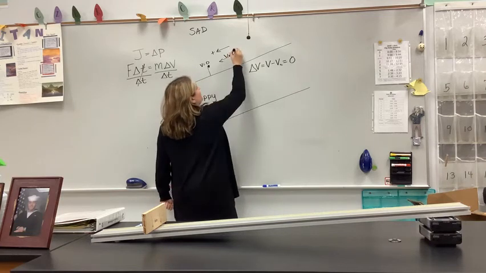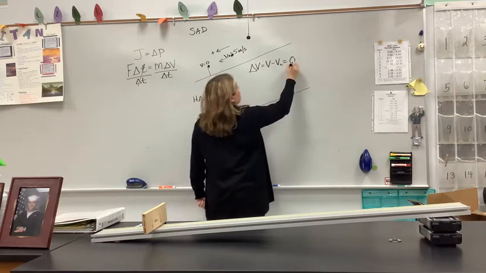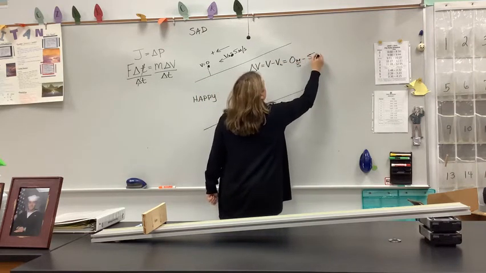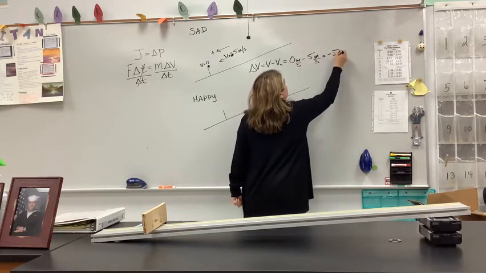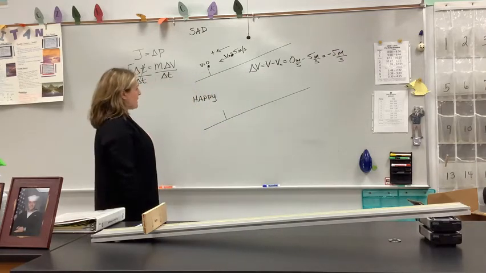Let's say our initial, we'll throw a number in there, 5 meters per second. So 0 meters per second final velocity minus 5 meters per second initial velocity gives us a change in velocity of negative 5 meters per second.